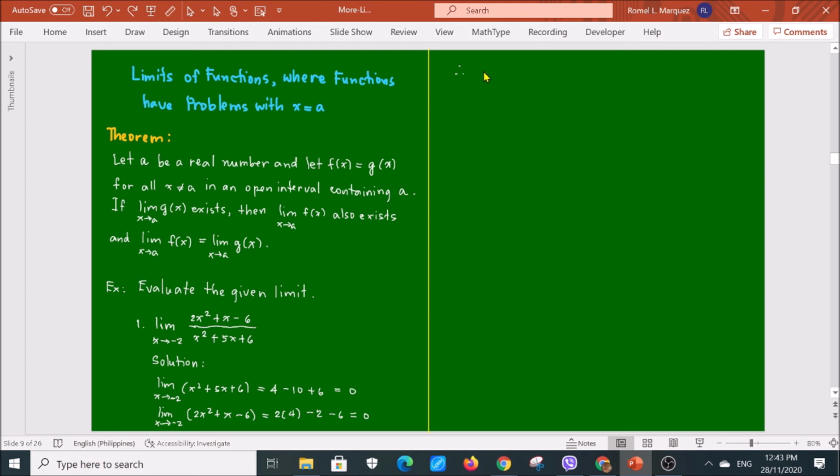So hence, the limit of 2x squared plus x minus 6 all over x squared plus 5x plus 6 as x approaches negative 2 has an indeterminate form. I will write first the detailed solution in number 1, but next time we can have it shortcut.